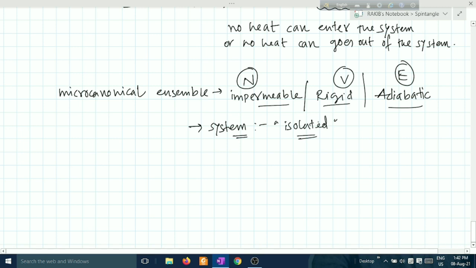Because if our system, this NVE microcanonical ensemble, is in touch with another system, then that system will try to enter this one, or push the wall, or its particles will want to go inside. Therefore the system has to be isolated, like an island.